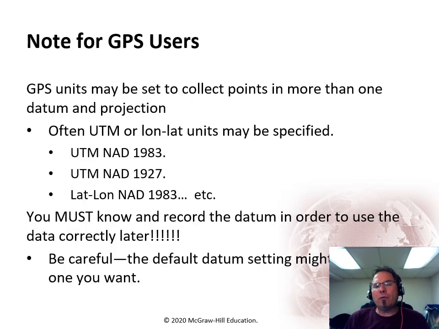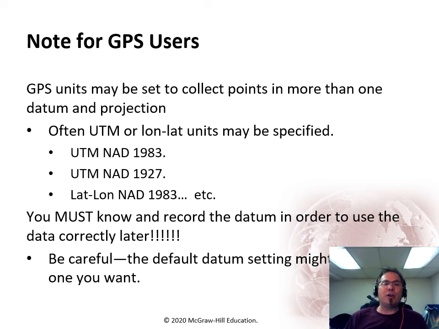Now, we don't do this in this class, although we probably should, but if you're doing GPS measurements and you're out in the field with a GPS unit, you have to make sure that you understand what datum the unit is taking your data points in.